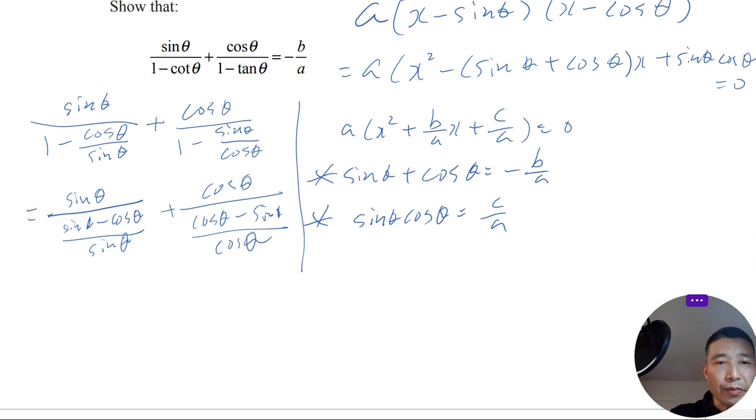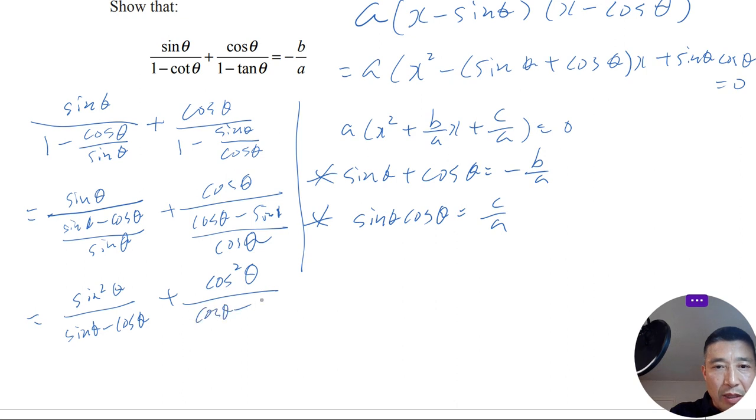Right? So if I simplify this again, I get sine squared theta. So sine theta goes up, and denominator is a sine theta minus cosine theta plus cosine squared theta over cosine theta minus sine theta. Okay?